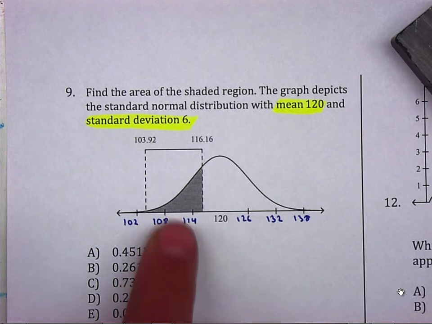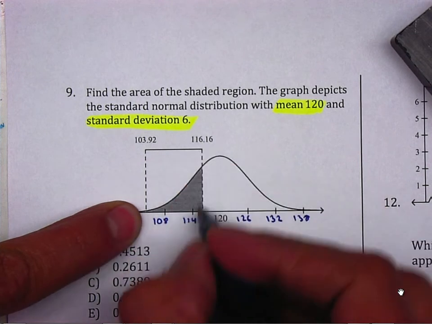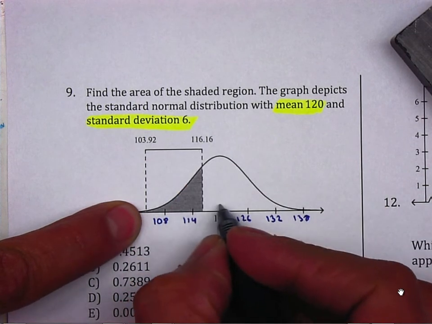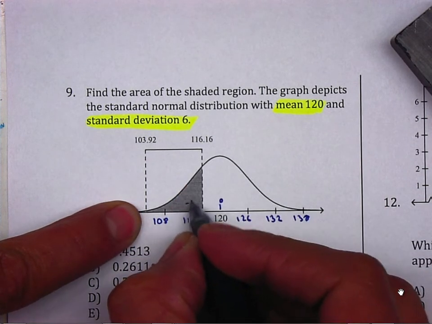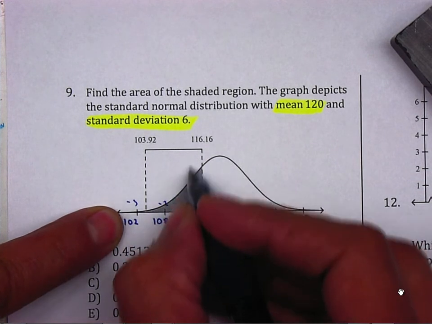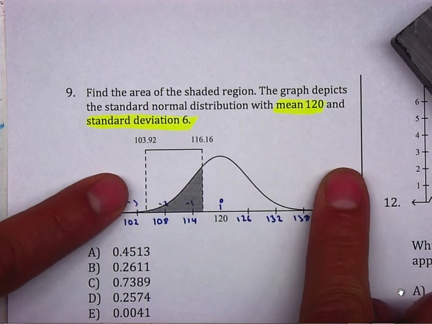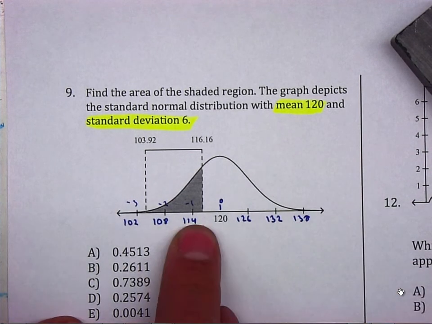Now, we want to find the area that's shaded. And notice that the numbers that they give you don't fall on the Z values. So this will be 0, negative 1, negative 2, negative 3. If it did fall on the negative 1, then we can use our 68, 95, and 99%, but it doesn't.